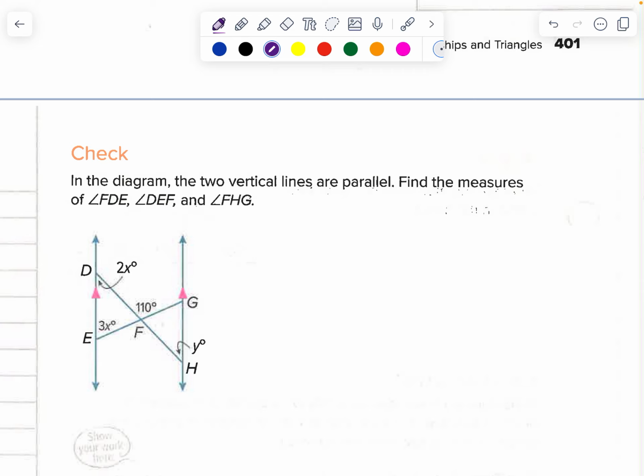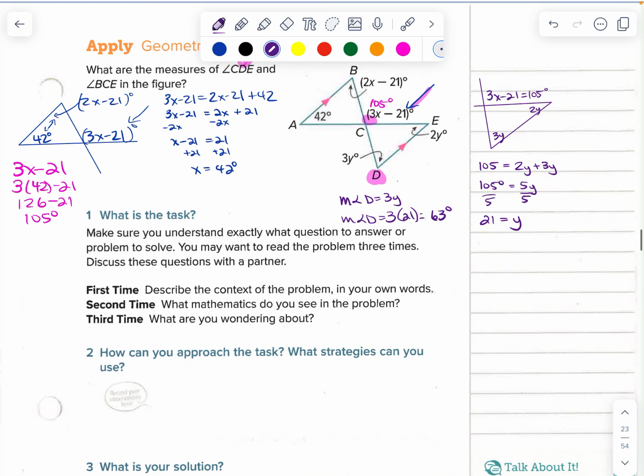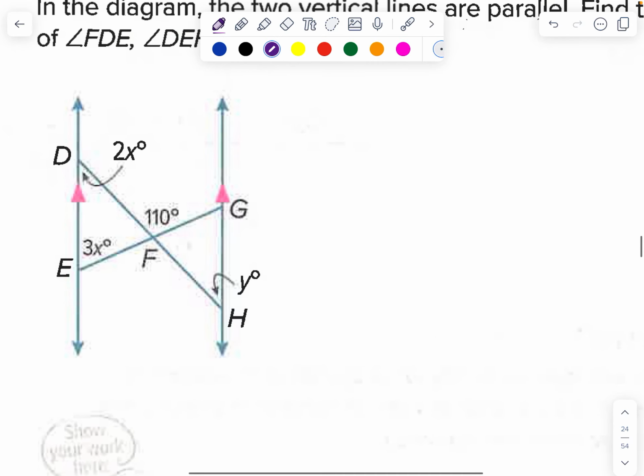So first I want to find, never mind. So right here, this right here is an exterior angle. These are two remote interior angles.